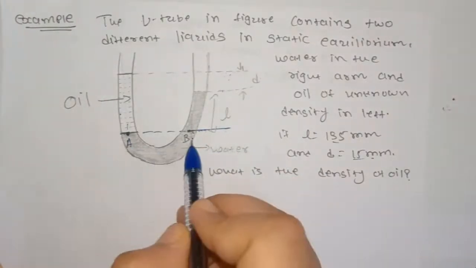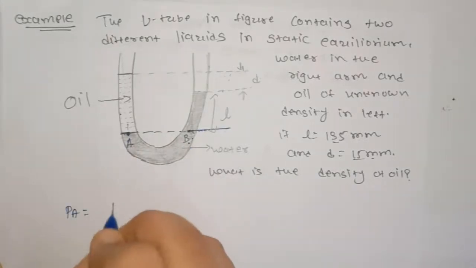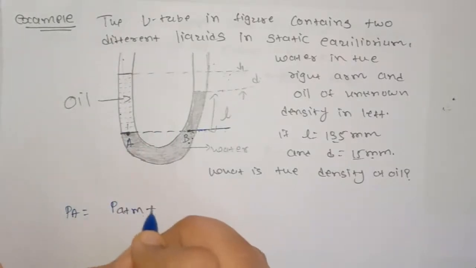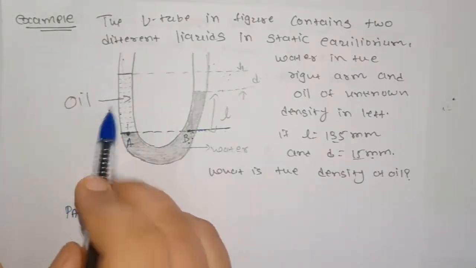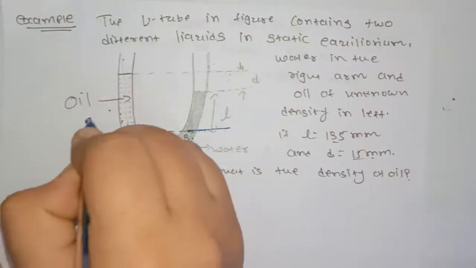So pressure at point A is, as this U-tube is open, atmospheric pressure plus pressure due to the oil column of unknown density, let's say rho.